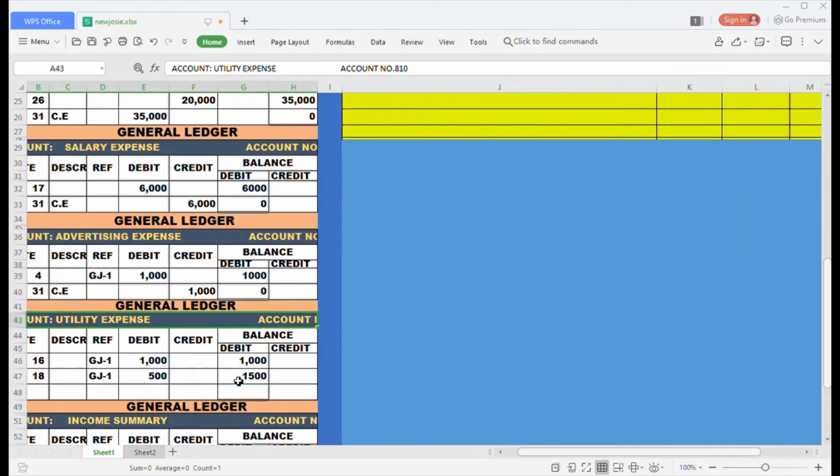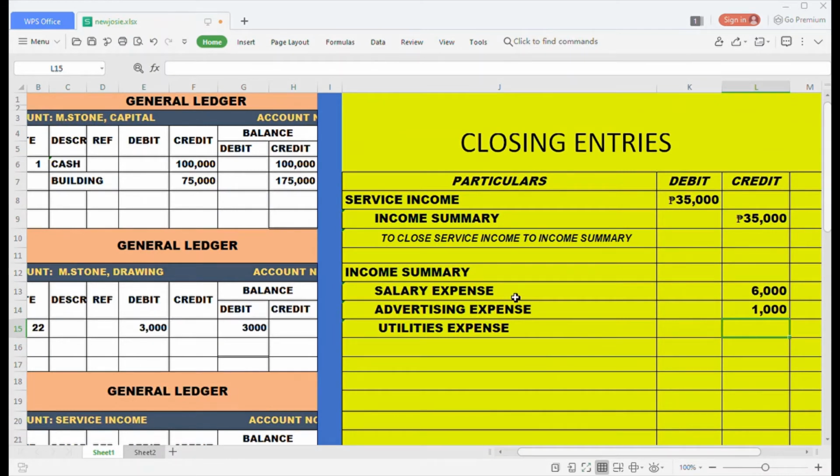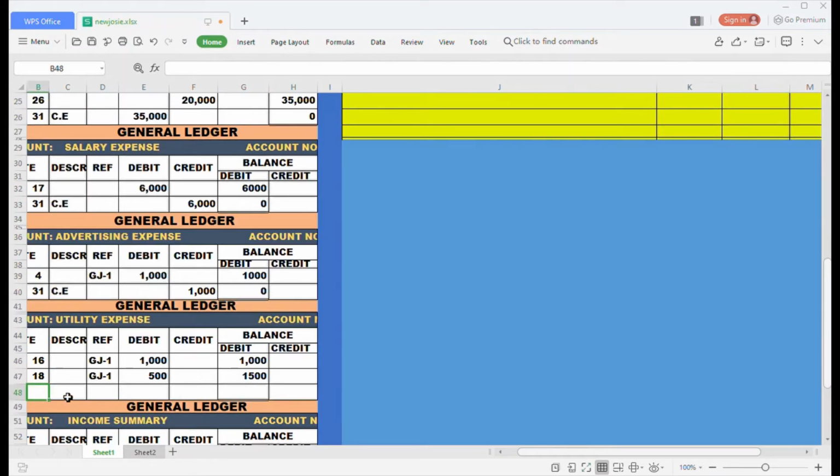Utilities expense, we have here 1,500. Credit it, okay, 1,500. And we close the general ledger. Have to put here the date, and then we credit 1,500. So we do the opposite action, debit, credit, we less that. So that would be 0.